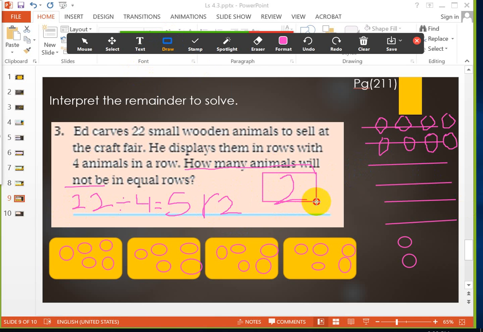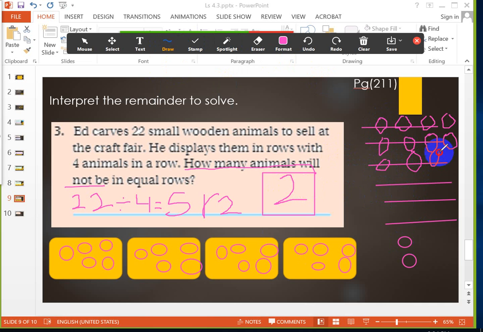The answer for this is 2. That means there are 2 wooden animals left with me. I cannot divide those on equal rows. So the number of wooden animals left with me is 2.